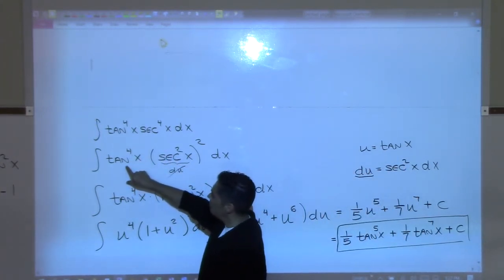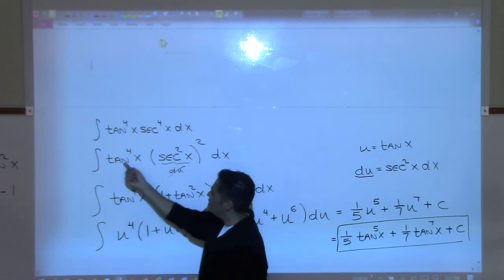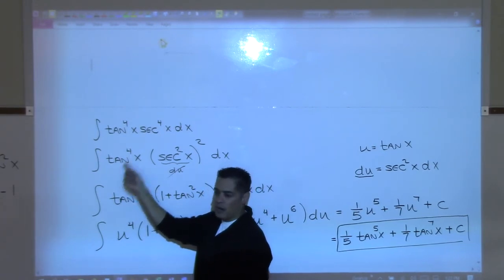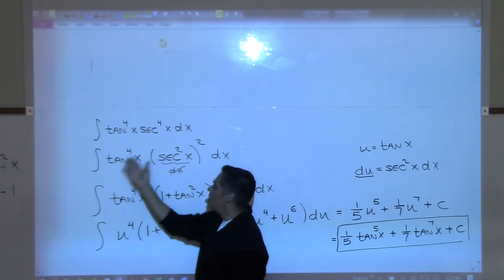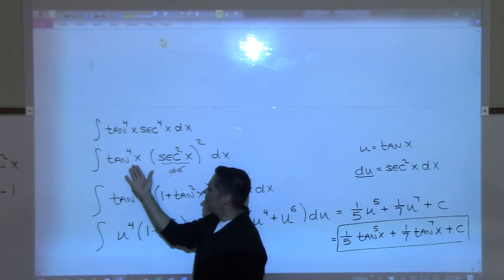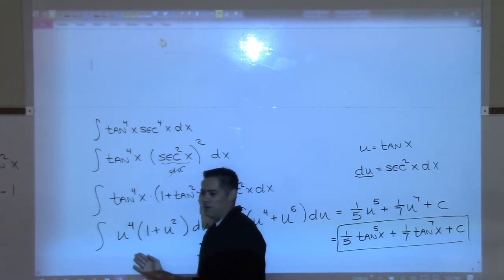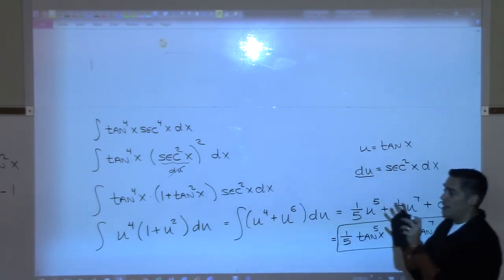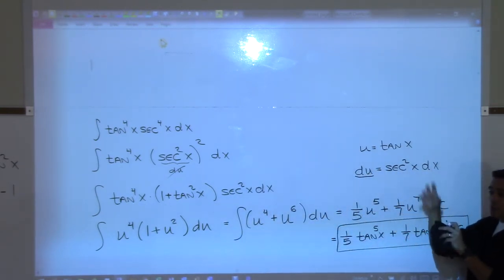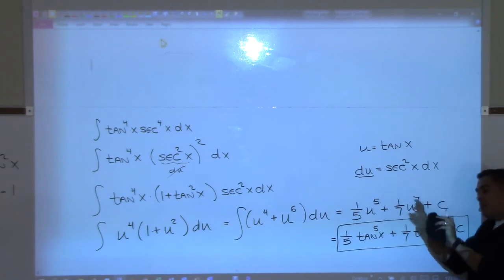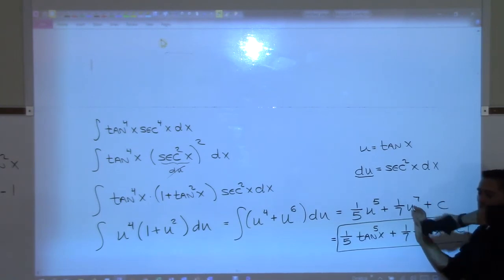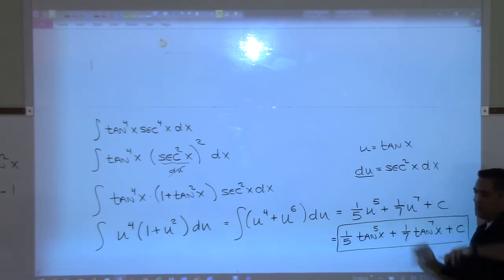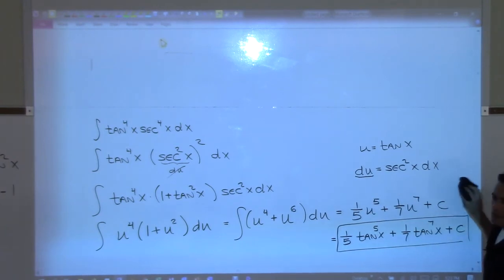So like here, I could have replaced this with tangent squared. I could have. And that's not going to impact anything because I'll wind up with u squared, which is still u to the fourth. So if you go back and look at all the problems we did, whenever we did sine squared or cosine squared, that was never the part we peeled off. It was always the stuff that was left. Does that make sense? Yes. Okay. Any others?